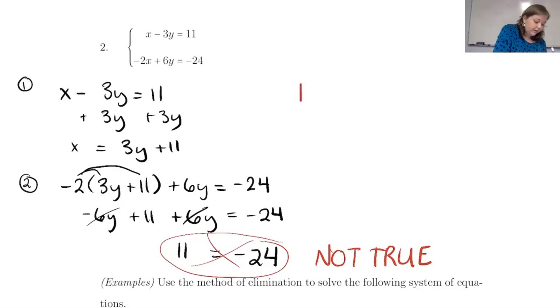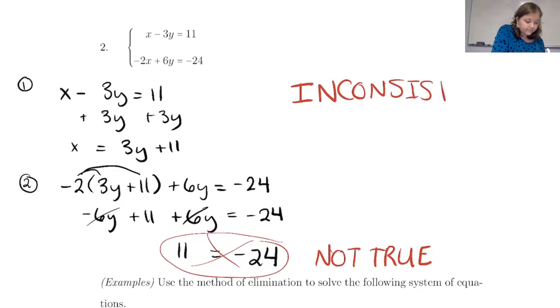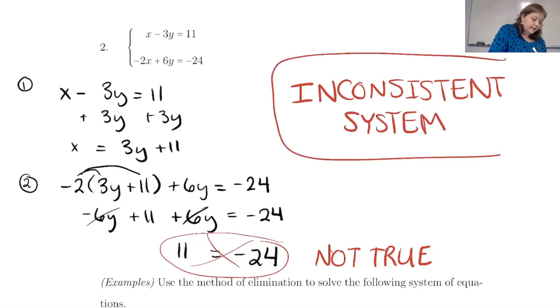So we're going to write inconsistent system here. So inconsistent system is a no solution situation.